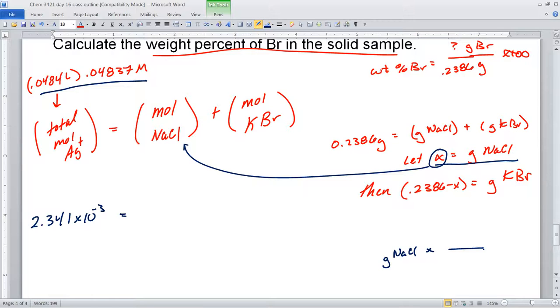So sodium is 22.99 plus chlorine 35.45, which is 58.44.